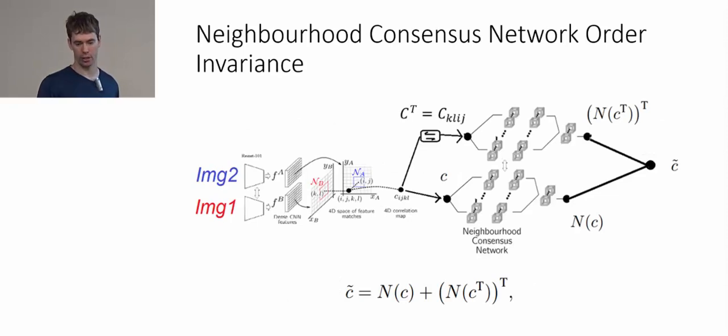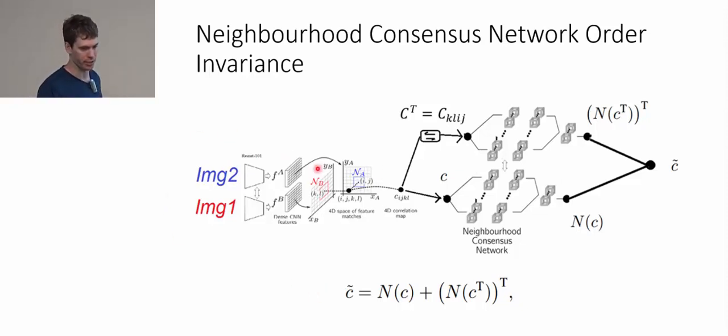Now we want to make sure that the network produces the same output no matter what order the images are in. To do that, the authors apply the network twice, shown here. One network uses the original combination of images here, and the other uses the reverse over here. Notice that since the ResNet networks will produce the same output for a given image, we don't need to swap the images and create a brand new correlation map.